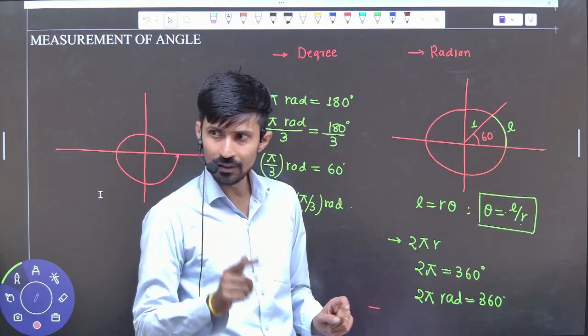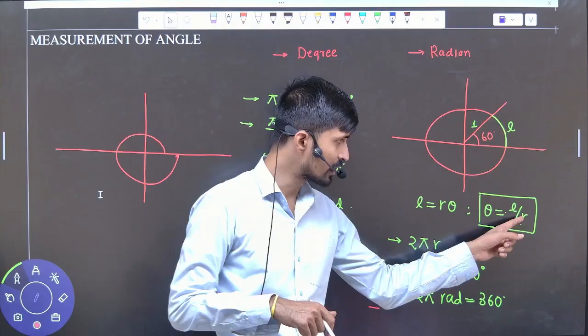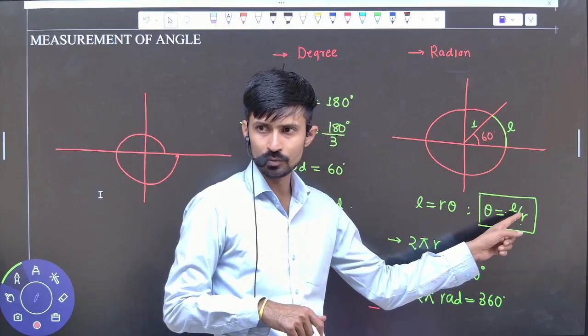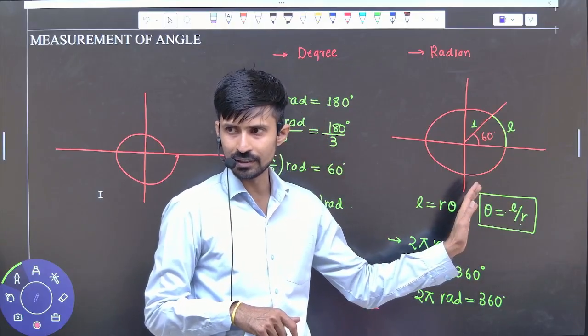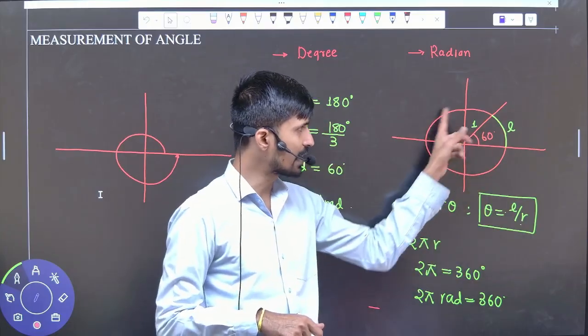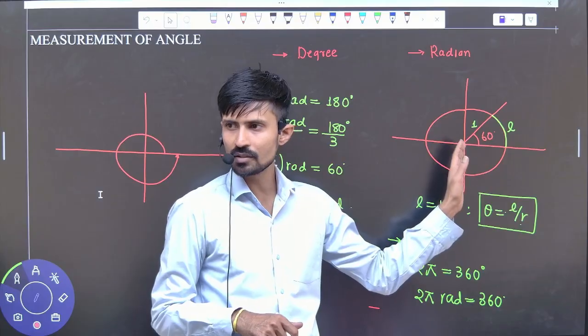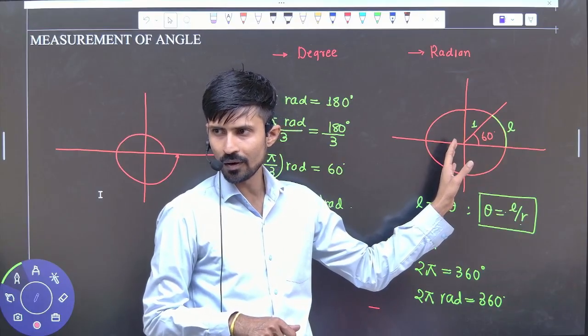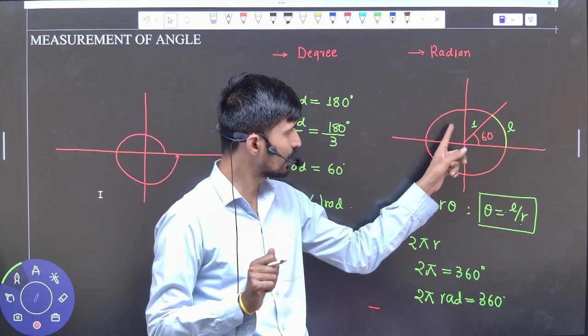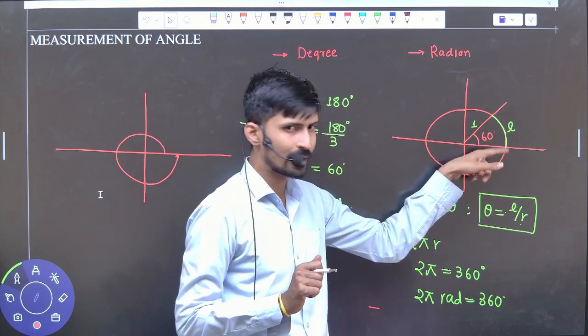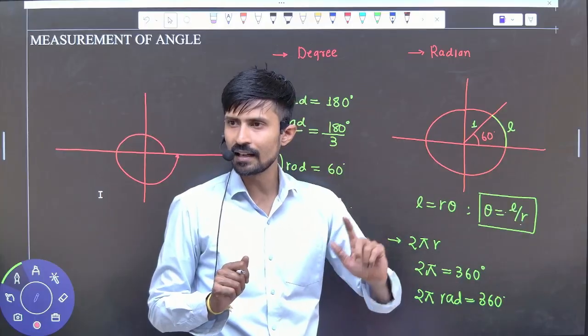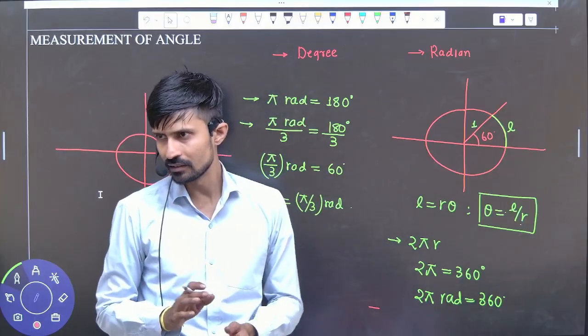Okay? And if you draw that also, then always remember this r will become 2. Then also you'll get the same thing. But we have designed this theory on a circle whose radius is 1. Okay, no problem. So now whatever that length will be, that length will become the angle, and that angle will be in radian. That's all.